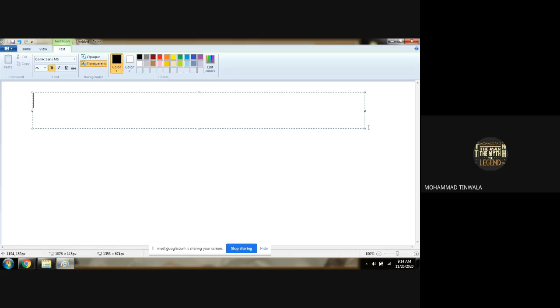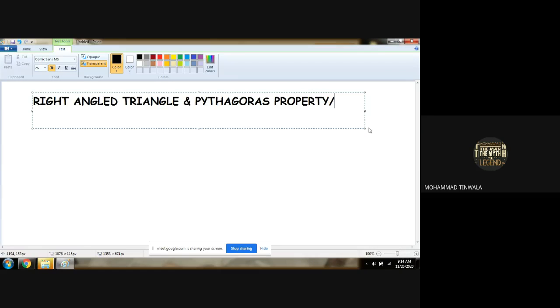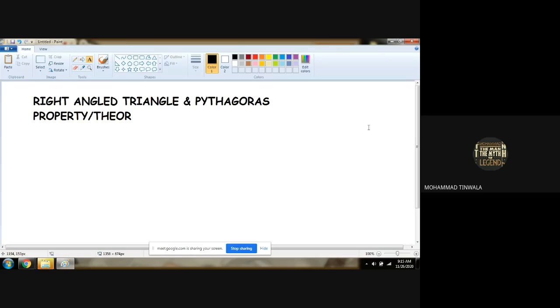ચલો, right angle triangle and Pythagoras property, we can say theorem, both are one and the same.